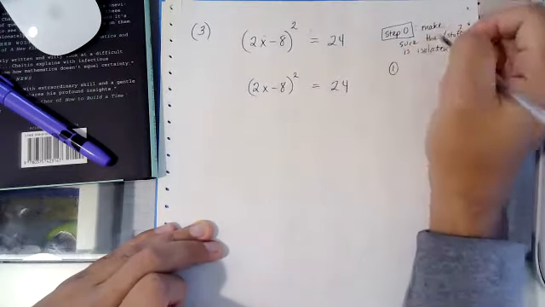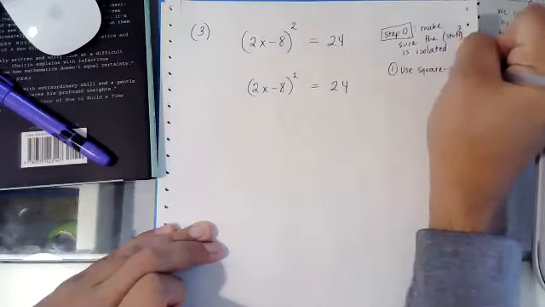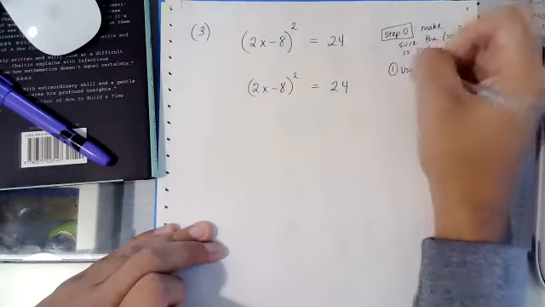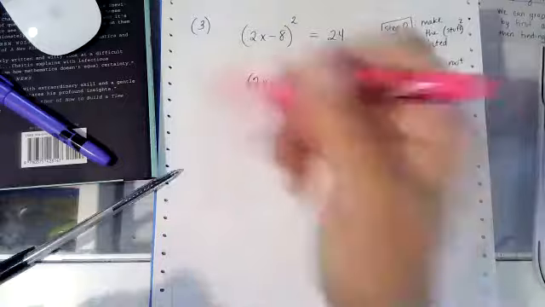Then step 1 is going to be to use the square root property, which in layman's terms is going to be take the square root of both sides.